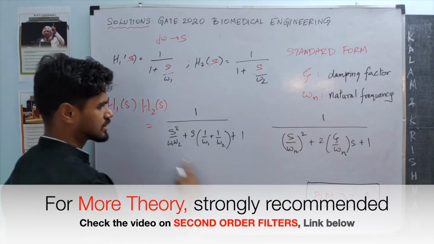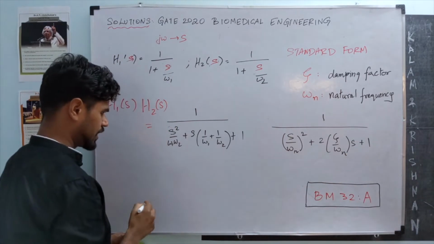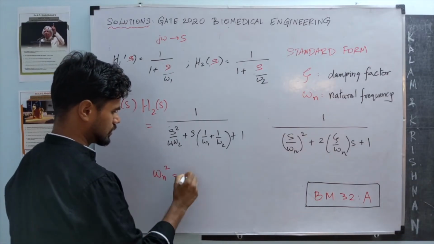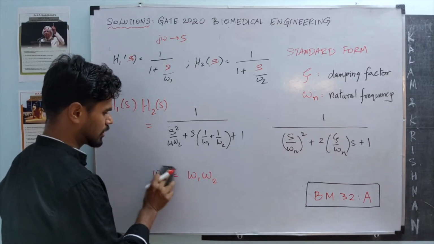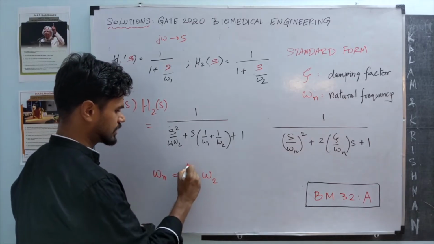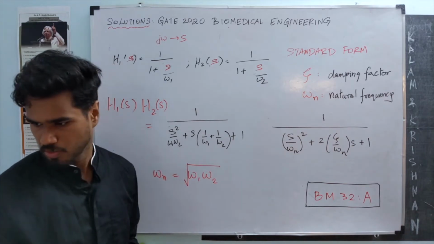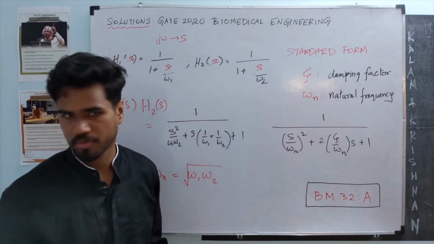Now we can compare this term by term to the standard form, and we have omega n squared is omega 1 omega 2. That implies omega n, the natural frequency is root of omega 1 omega 2, okay? That corresponds to option A. Omega n here is omega c in the problem.